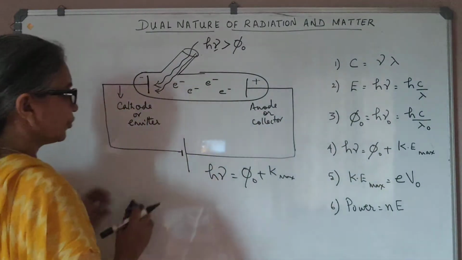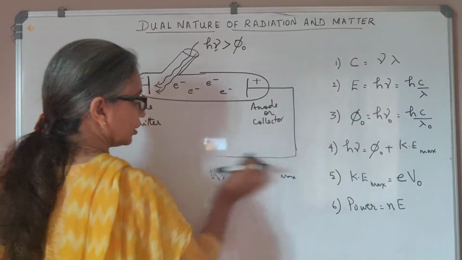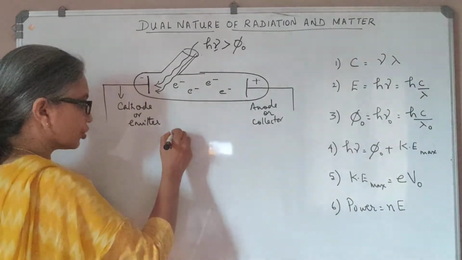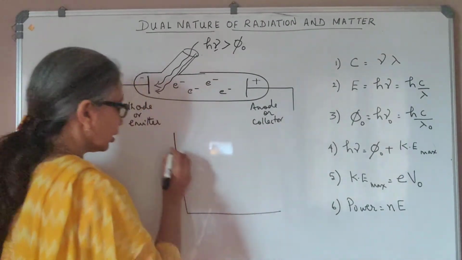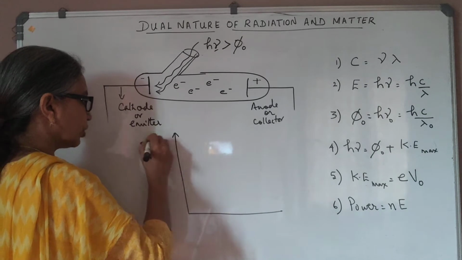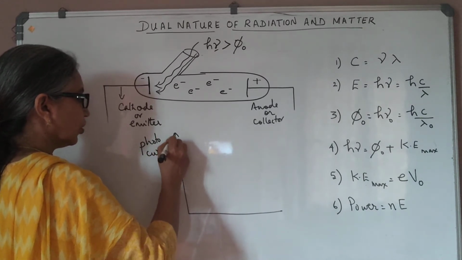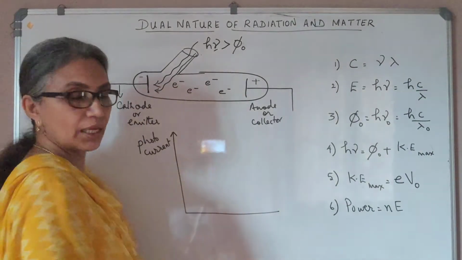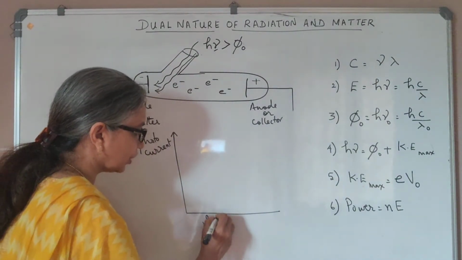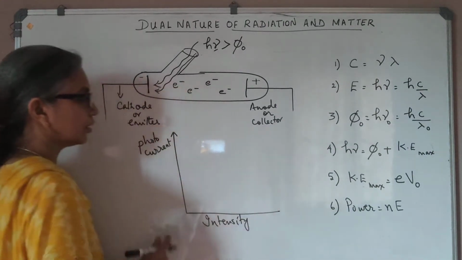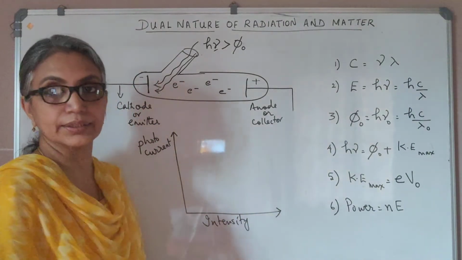Now our first graph, let me clear this. Our first graph is to study the variation of the photo current. I am plotting the photo current along the y-axis and the intensity of the incident radiation along the x-axis.